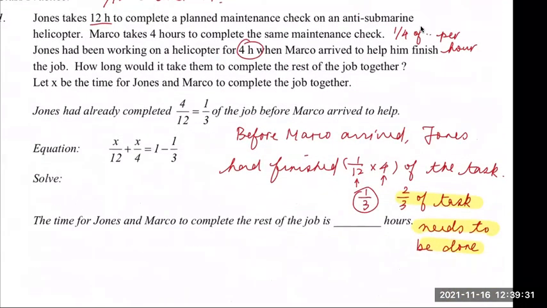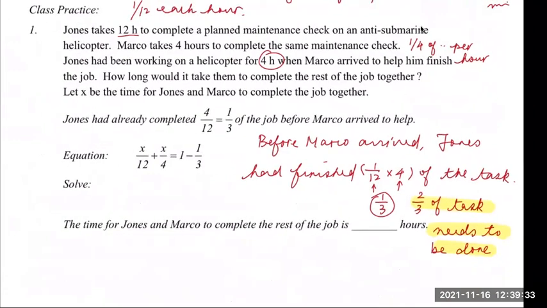But for this question, one person started working before the other. So we need to find the part of the work that was already completed, and subtract that work from the whole task.